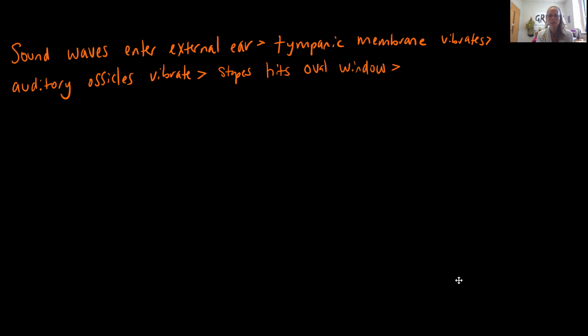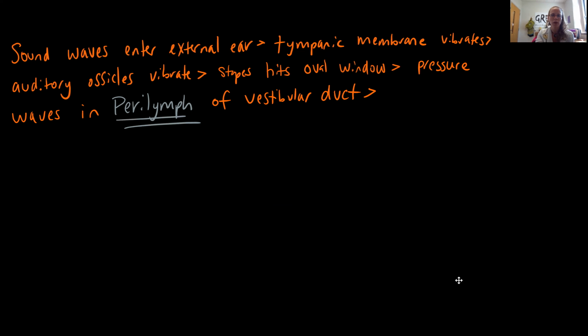The stapes hits against the oval window, transmitting the sound wave into a pressure wave in the perilymph of that vestibular duct. Okay, and so then depending on frequency, if it's a low frequency, it's going to move further down the vestibular duct. If it's a high frequency, it's not going to move as far.